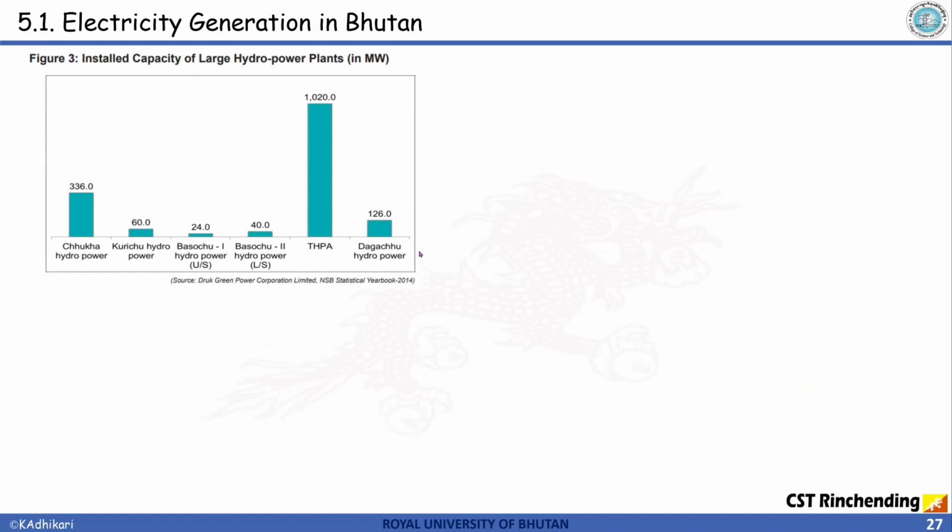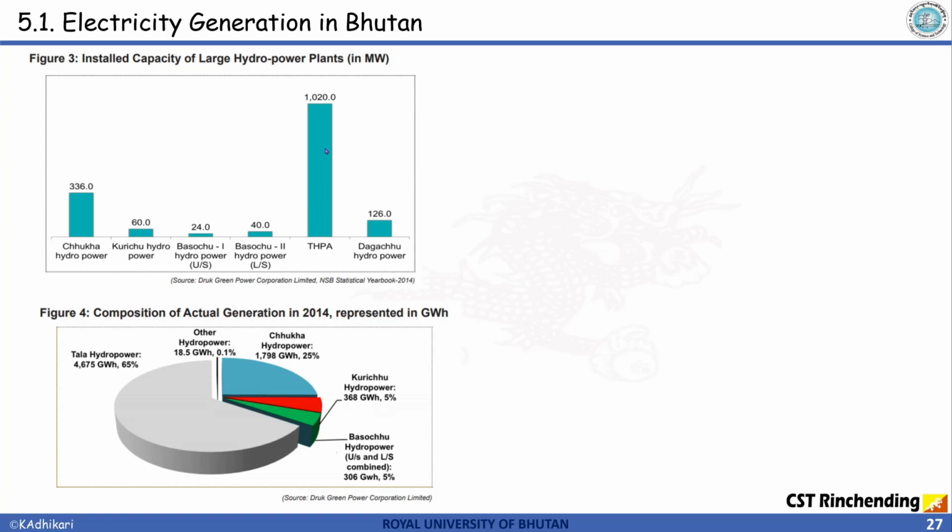As you must already be aware, Chukha is producing about 336 megawatt. Likewise, Tala is producing 1020 megawatt of energy. And if we go by the percentage of which hydropower plant produces more, from here we can see Tala is producing the most.